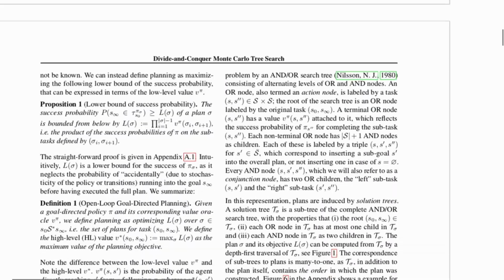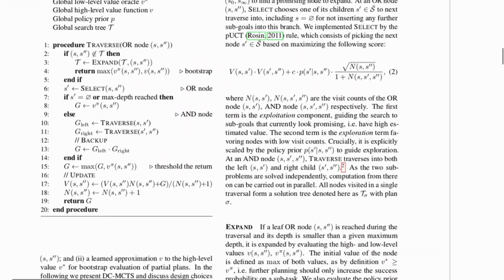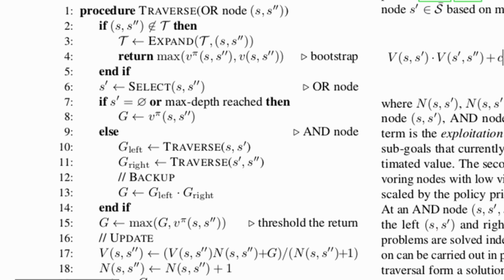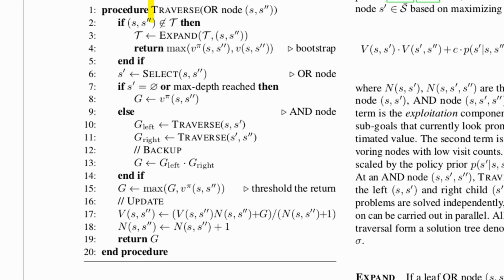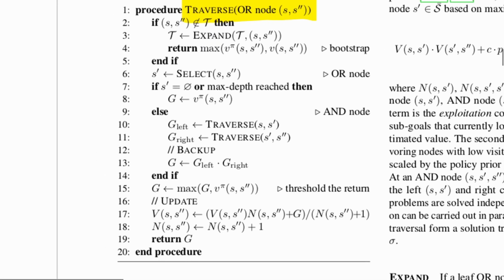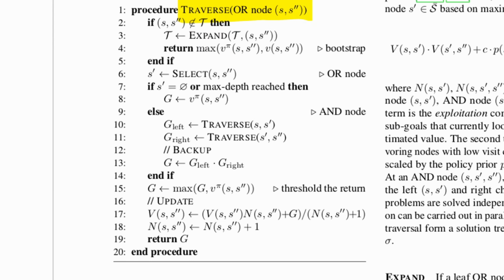The algorithm is pretty simple in this case. So this algorithm rests on this traverse procedure. So we're going to traverse what they call these OR nodes. So they divide the problem into AND nodes and OR nodes. I don't believe that's particularly necessary for us to think about, but here's how this works. So they traverse the OR node S to S prime.